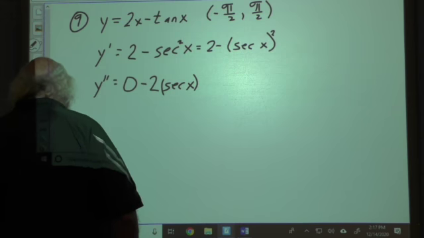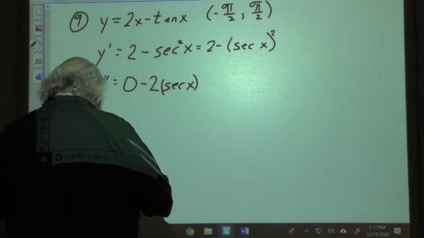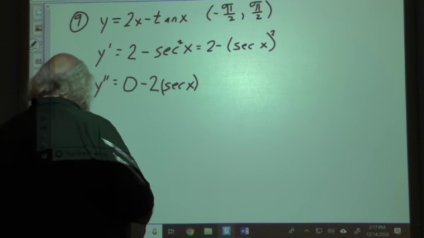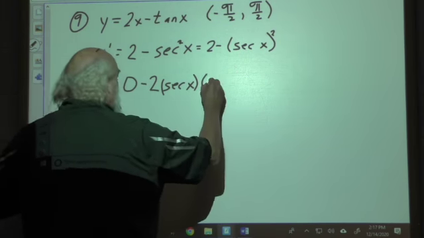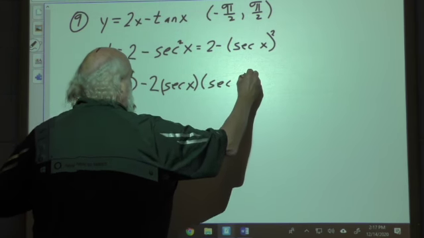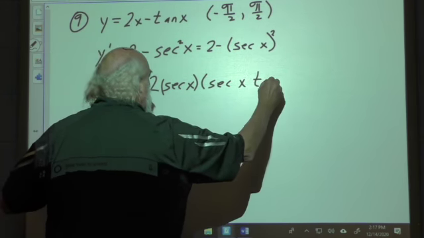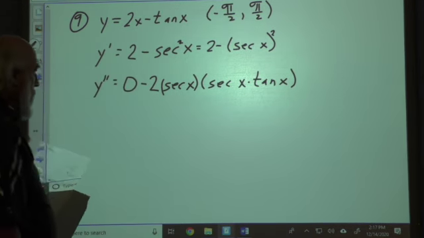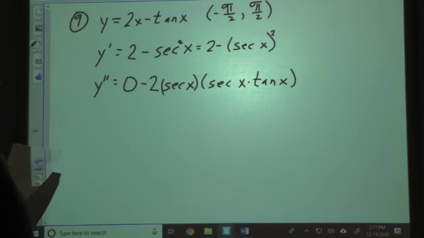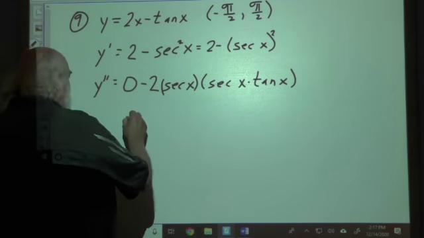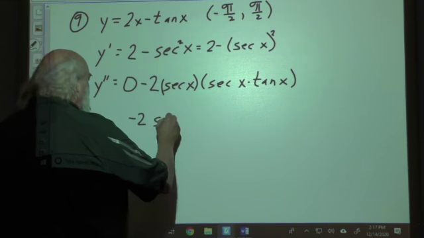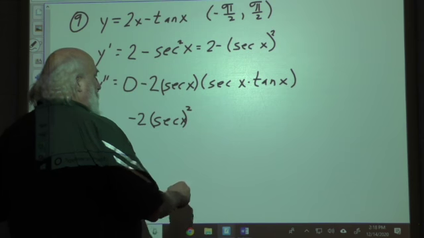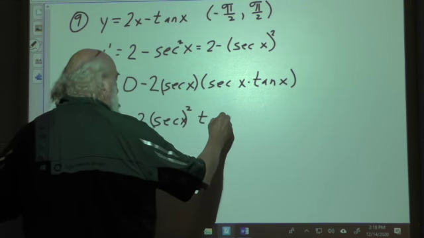And looking at your chart here for that, we are told that the derivative of the secant of x is secant x tangent x. Put it out there if you want, but make it more understandable there. So when you combine this together, this is going to be negative 2 secant squared x times tangent of x.